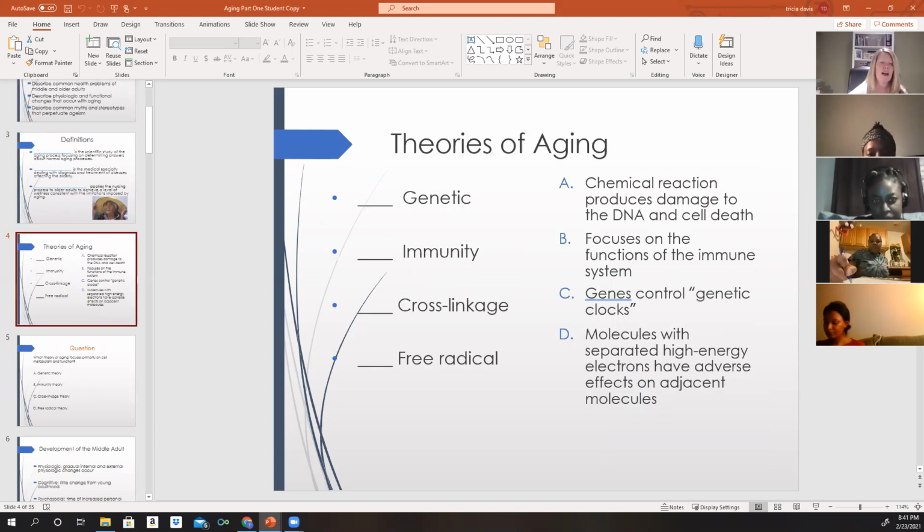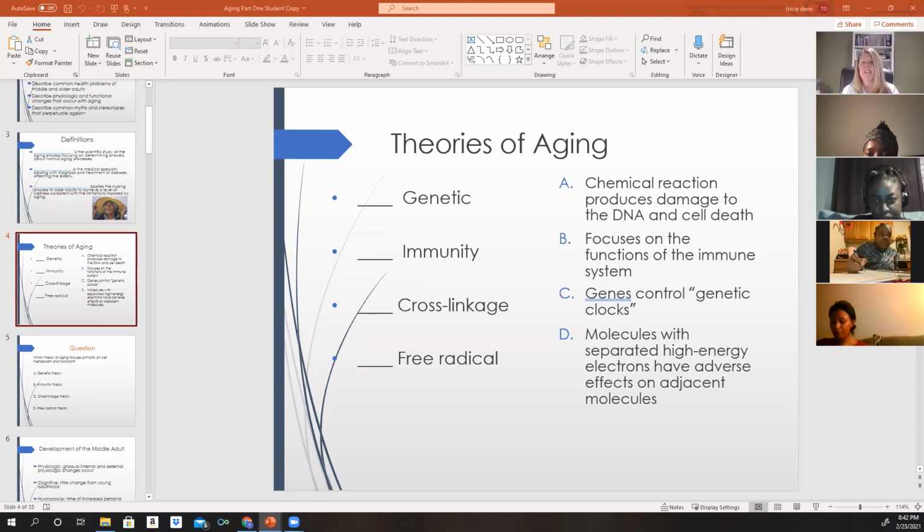So we have a couple different theories of aging, and we're going to try and match them up. For genetic, which one of these, A, B, C, or D, do you think is the genetic theory of aging? A is a chemical reaction that produces damage to the DNA and cell death. B focuses on the functions of the immune system.